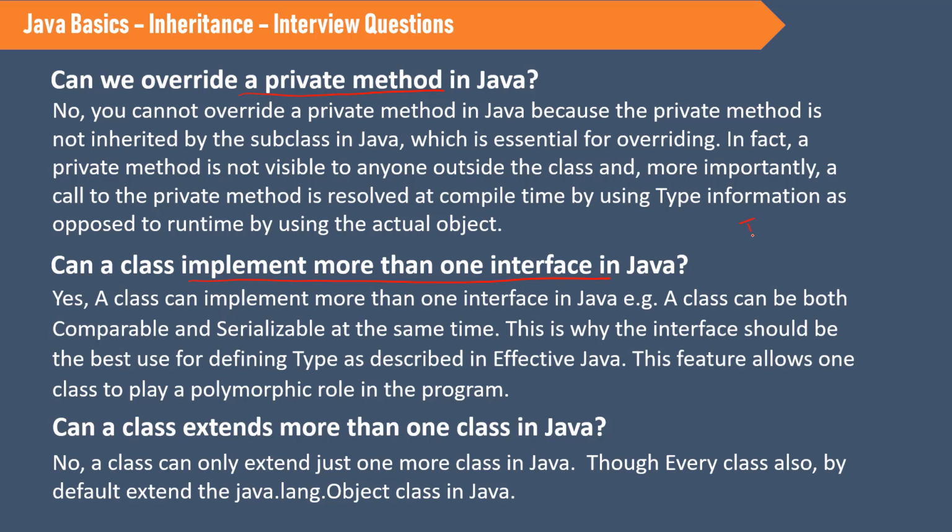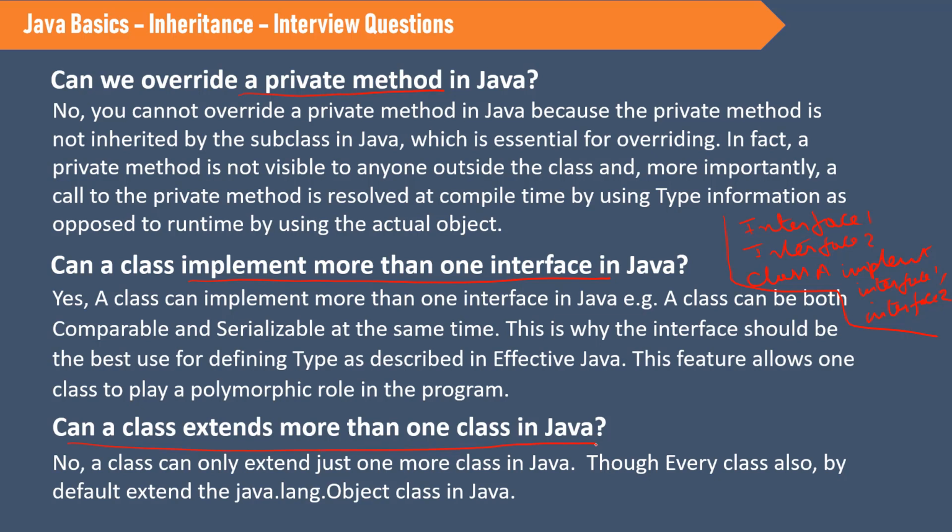For example, I have 2 interfaces here, interface 1 and interface 2. Let's say I have a class here, class A. So I can implement interface 1, interface 2. So yes, we can implement more than one interface in Java.